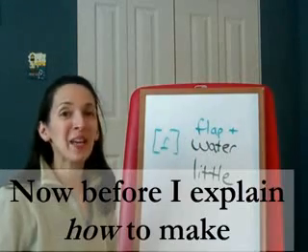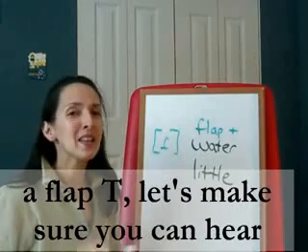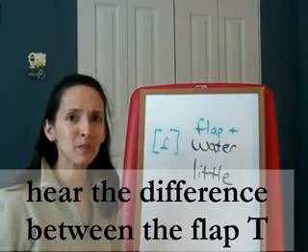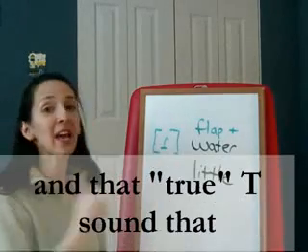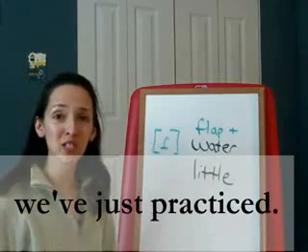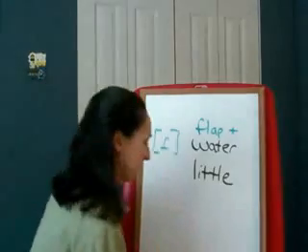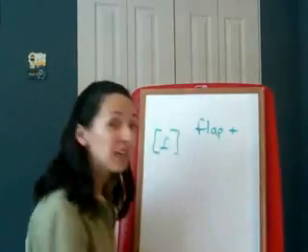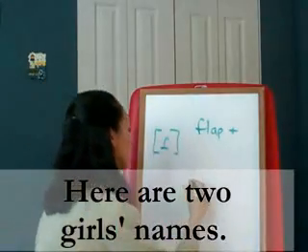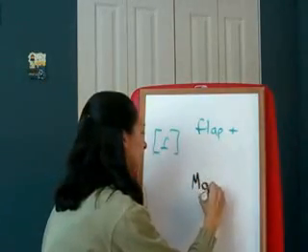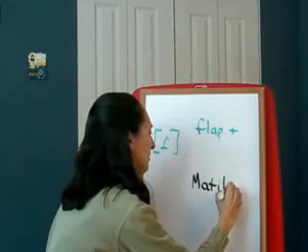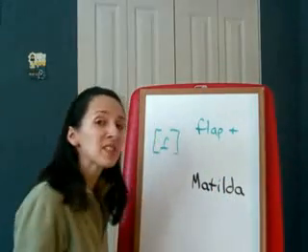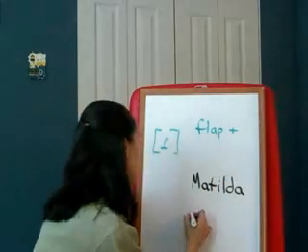Now, before I explain how to make a flap T, let's make sure you can hear the difference between the flap T and that true T sound that we've just practiced. Here are two girls' names. The first name is Matilda.